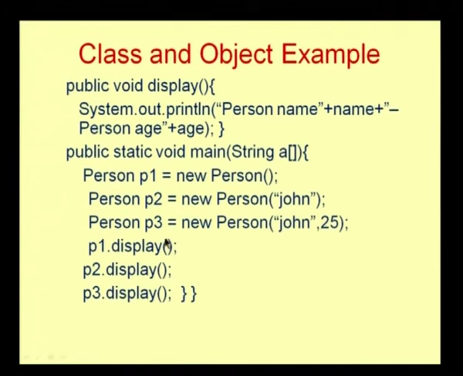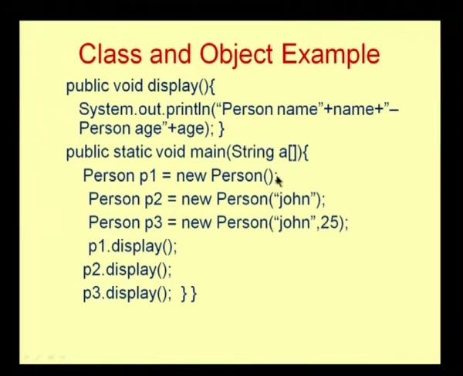Here you can see that we have another method also, public void display, which displays the details of a person. Here we have created three variables, and variables here are nothing but objects. So we have three objects being created for this class. One will use the no argument constructor, one will use the single argument constructor, and the other one will use the two argument constructor.